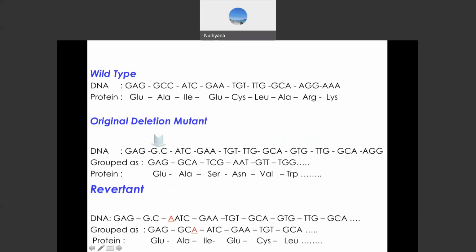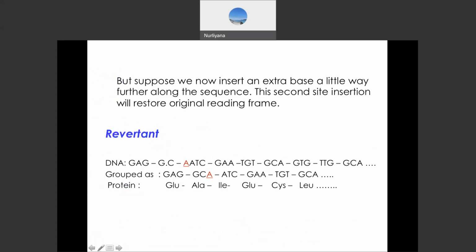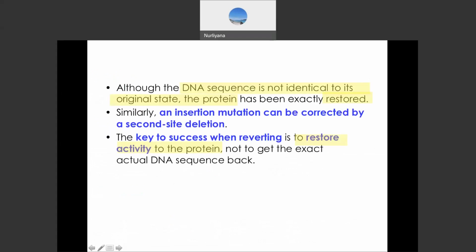We try to revert back and find where the mistakes in the sequence are, so that we get the original sequence. In the end we get the same protein sequence as the first one that we had. So this revertant is actually helping us to restore our DNA sequence.